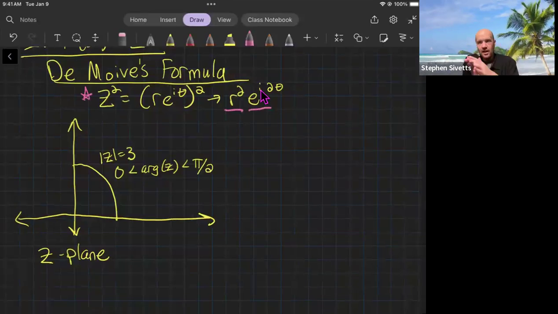So that means we have to multiply the range in the argument of z.